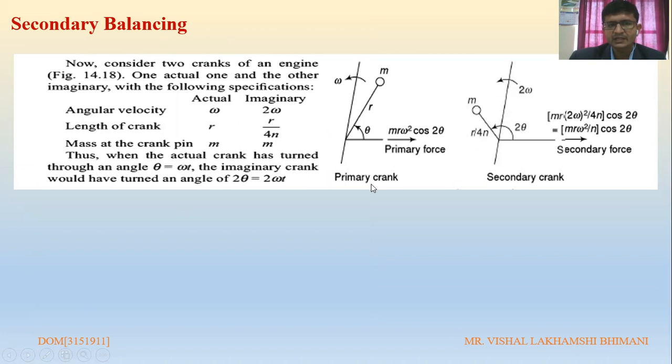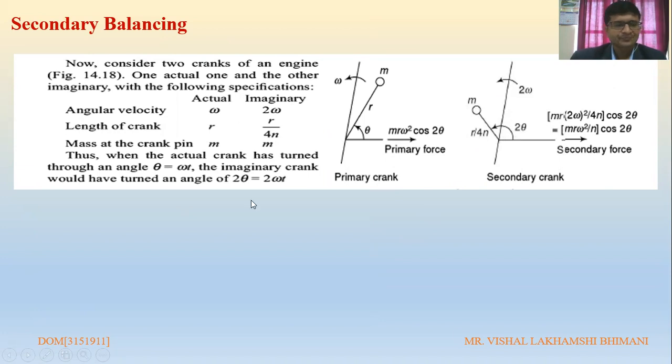This is the primary crank and that is the secondary crank, rotating in the imaginary form at 2 omega, with the radius r by 4n, and the angle made is 2 theta.